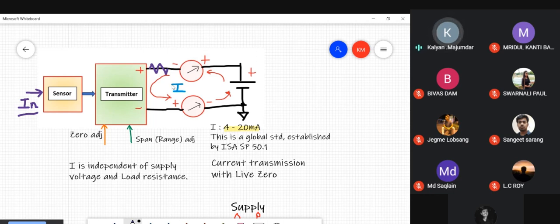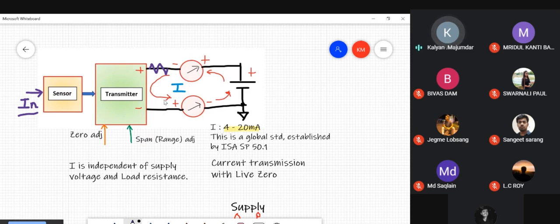Any measurement system ideally should not produce any error. So the requirement is as long as the input value does not change, the current through the indicator should not change. The current through the indicator determines the reading of the indicator, and the reading of the indicator is just the value of the input. If the input value is not changing, the reading of the indicator should not change. That means the current through the indicator should not change.